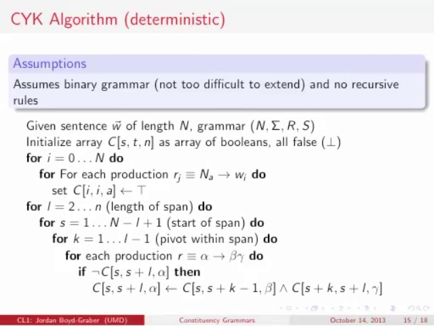So we check to see if we've already figured out that there is a span associated with beta and gamma that goes, in the case of beta, from position S to S plus K minus 1, and for gamma, from S plus K to S plus L. And if both of those are grammatical spans associated with the non-terminals beta and gamma, then we say that we can have this longer span associated with alpha.